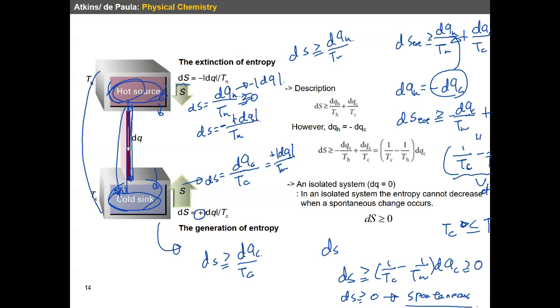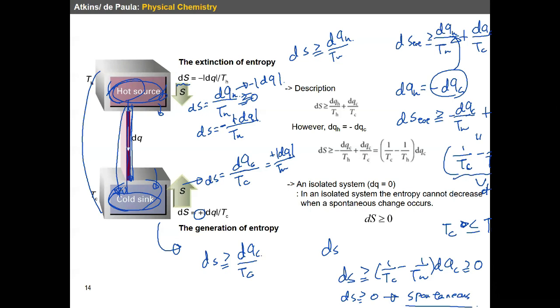You will instinctively know that if we connect a hot source with a cold sink, the heat will be transferred from the hot source to the cold sink. But here we are expressing the spontaneous change, which in your mind is just common sense, with thermodynamic theory, especially using entropy.